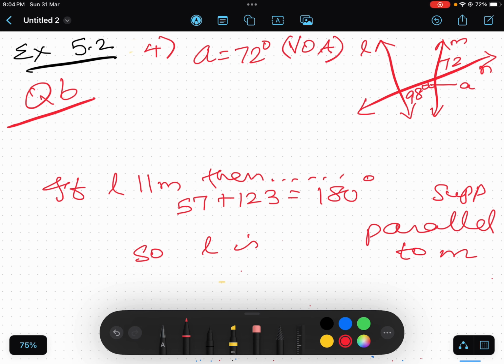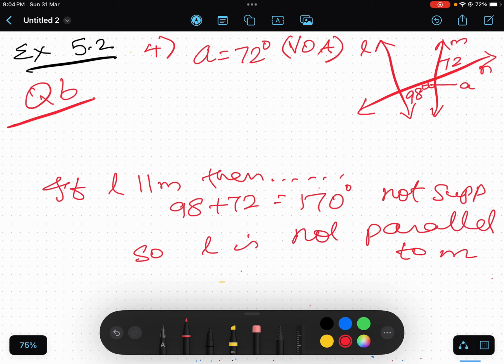Again use the same property. If L is parallel to M, then the sum of interior angles on the same side of the transversal will be supplementary. So 98 plus 72 is equal to how much? 170 degrees. So it is not supplementary. So L is not parallel to M.